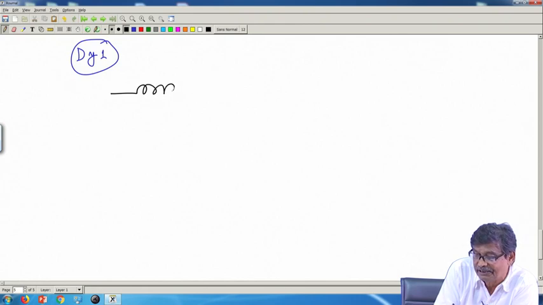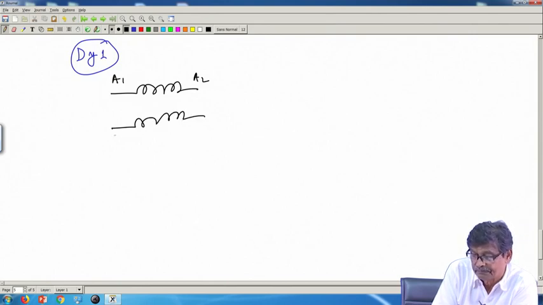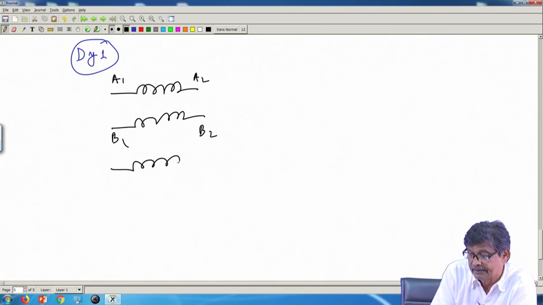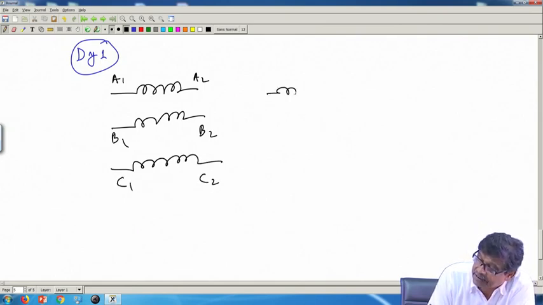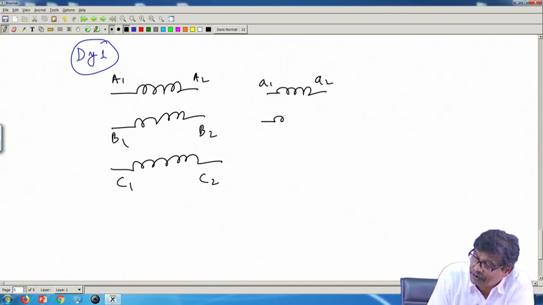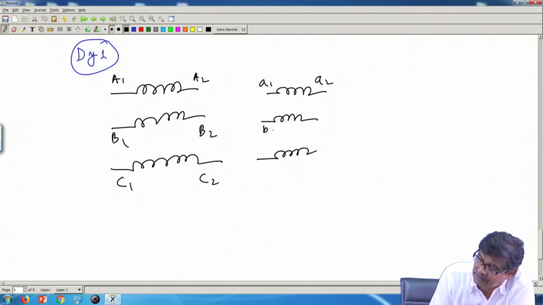You see, these are the three transformers you have, A1, A2. This is B1, B2, and this is C1, C2. Okay, good. And this is secondary, small a1, a2. One terminals are dot terminals, which I am not writing all the time, B1, B2, C1, C2, fine.